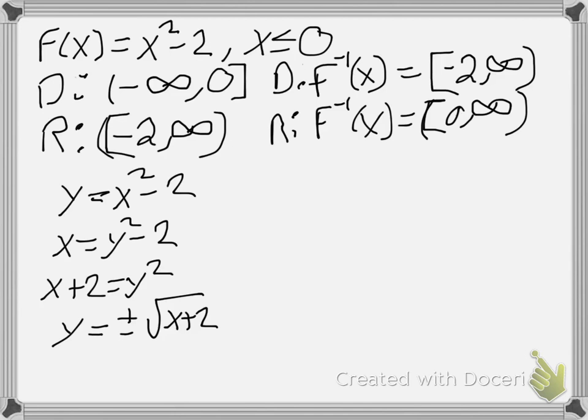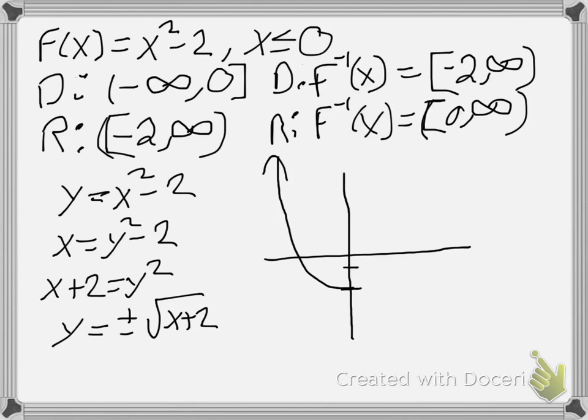So, what's going to happen here? Well, I'm going to take a look at my little function here. I have x squared minus 2. And I want to keep it at less than 0. So basically my function looks like this.